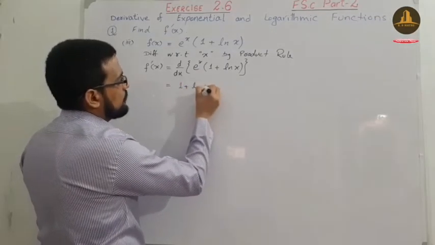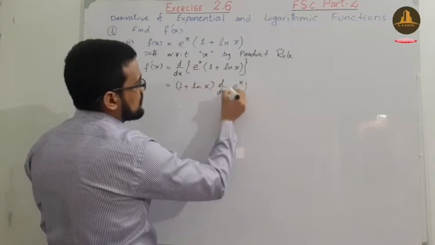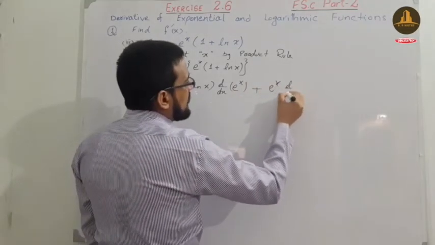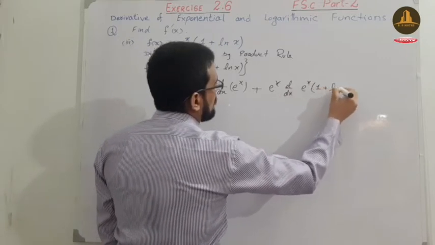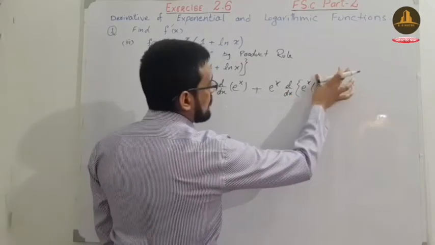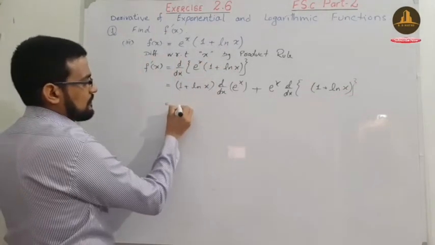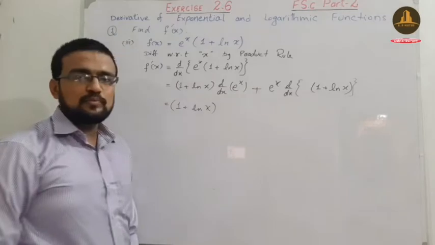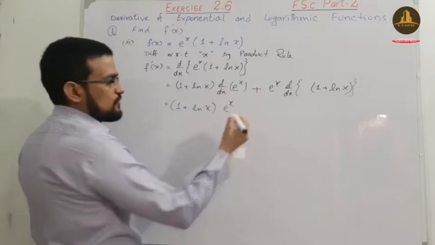1 plus ln of x remains the same, and then the derivative of the exponential function plus the exponential function remains the same, and then the derivative of this one. 1 plus ln of x as it is, and the derivative of the exponential function is the exponential function as it is, and the derivative of x is 1.